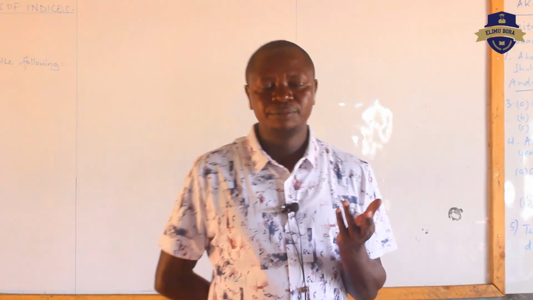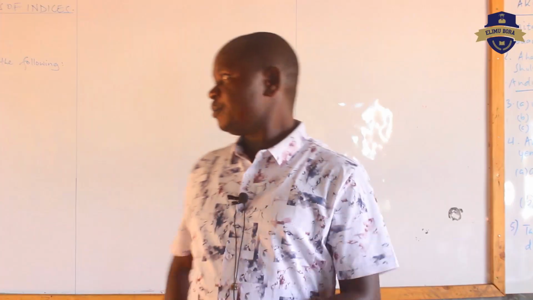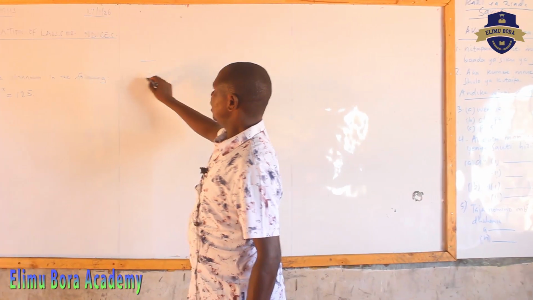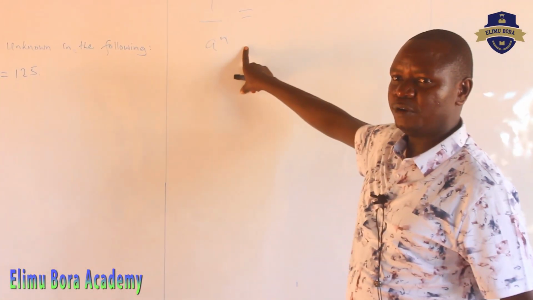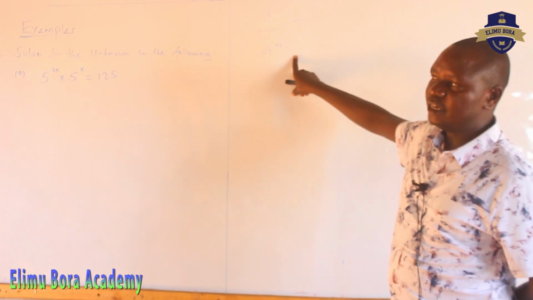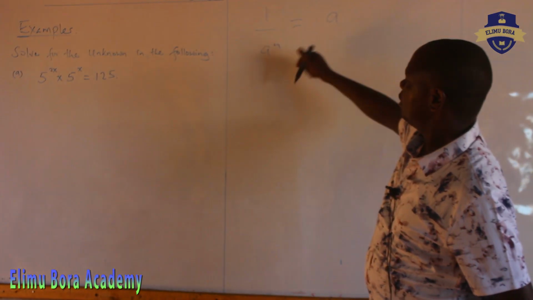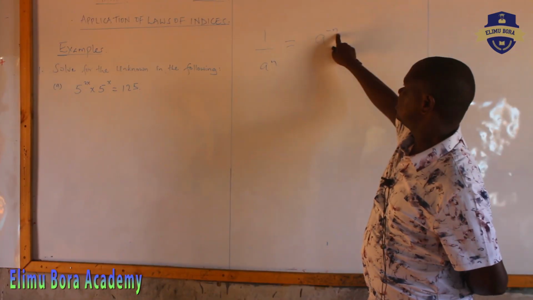Then we also had the negative indices. For example, if we are having the negative index, for example, 1 over a power n, this one we find the reciprocal. Are we together? After getting the reciprocal, which is going to be a, now here we add the negative n.